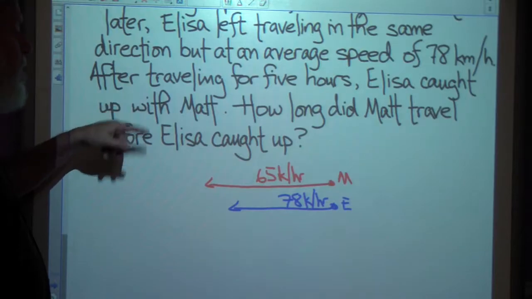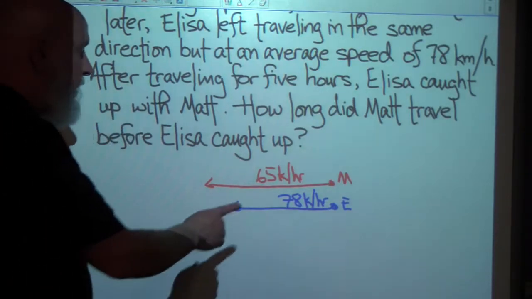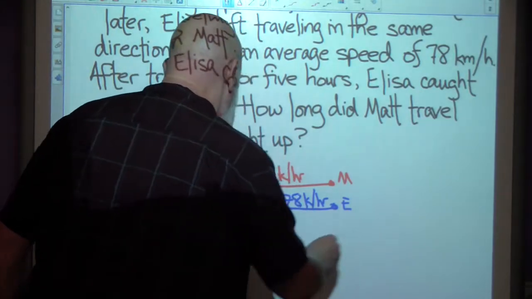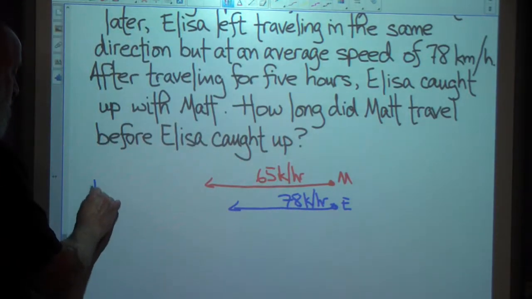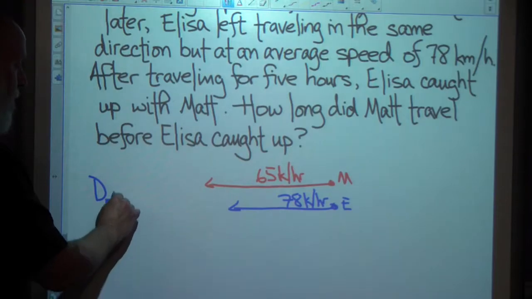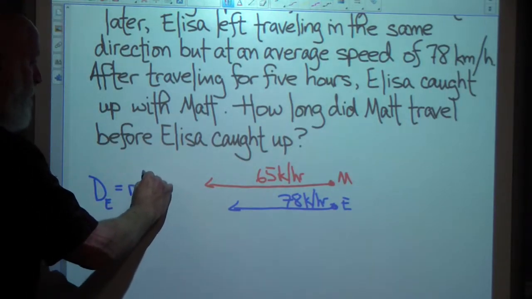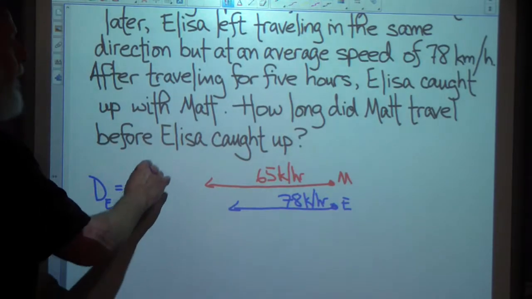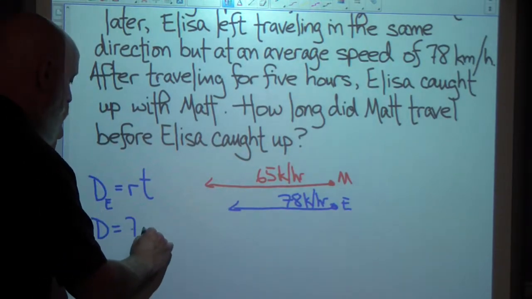After traveling 5 hours, Elisa caught up with Matt. Well, let's see how far she went. Talking about Elisa here, we'll say Elisa's distance, call it D sub E for Elisa, is equal to rate times time. She's going to travel so far at a rate of 78 kilometers per hour.